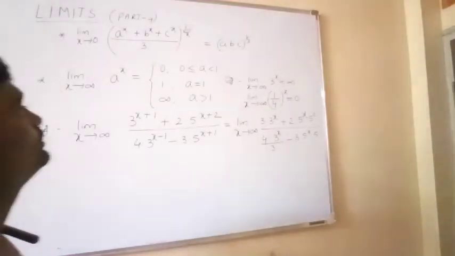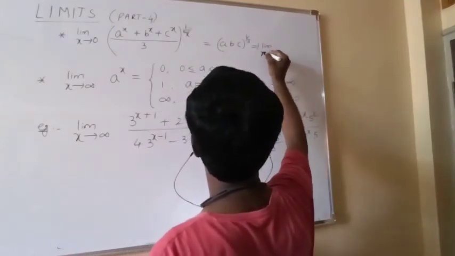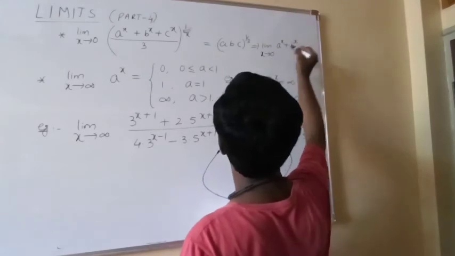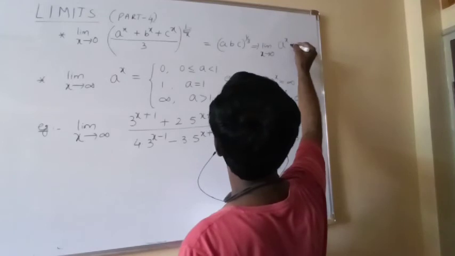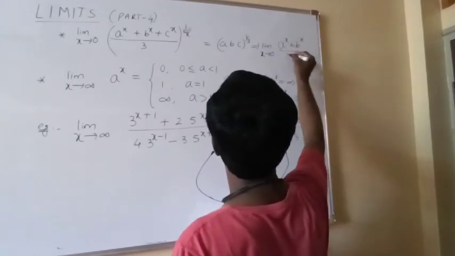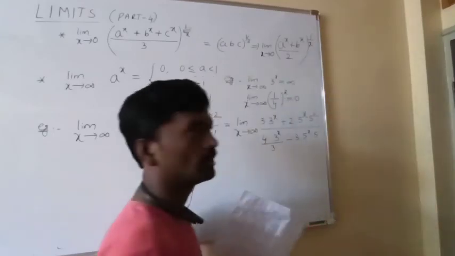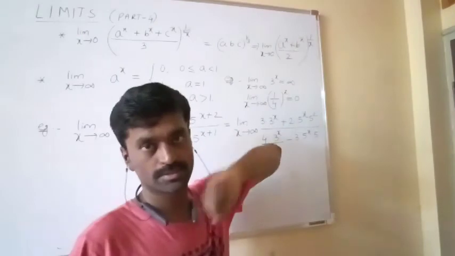For example, here only 2 constants are there. Limit x tends to 0, (A power x plus B power x divided by 2) whole power 1 by x. So here how many constants are there? A and B, 2 constants.